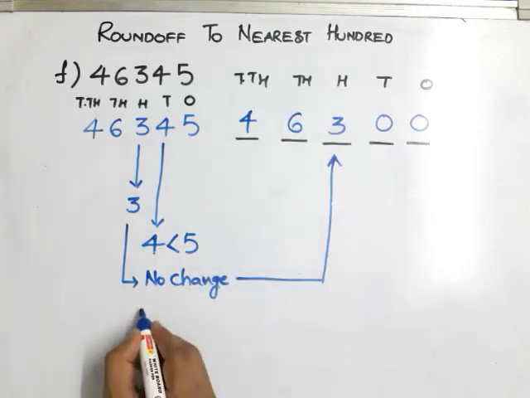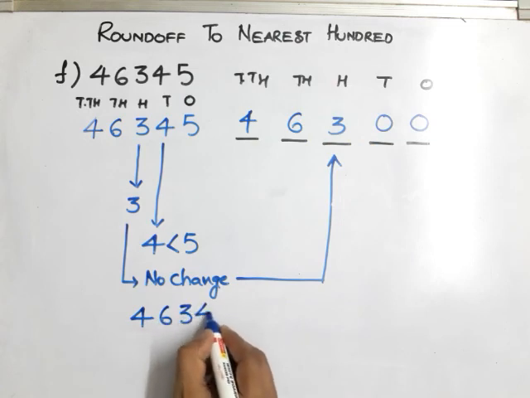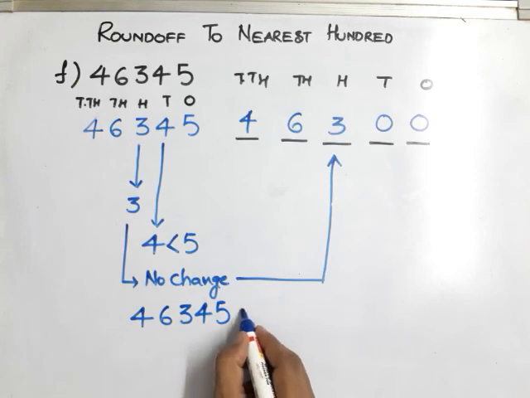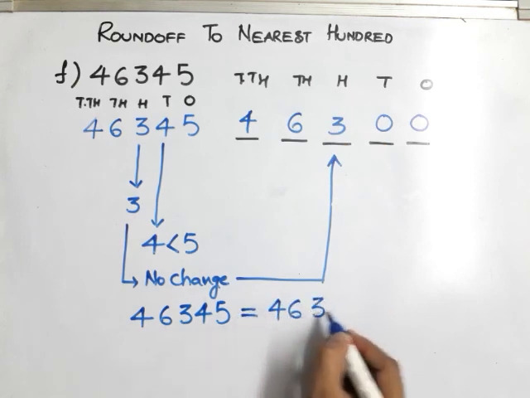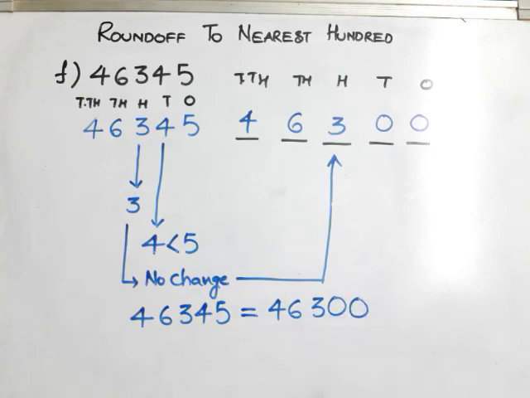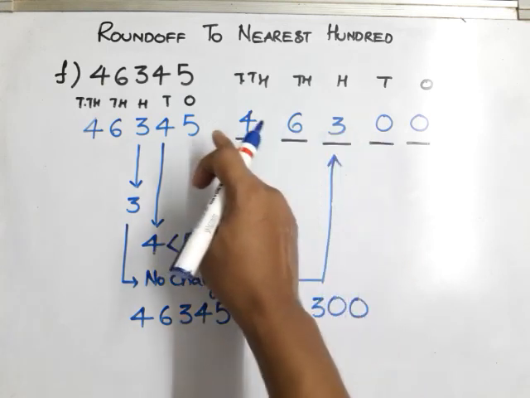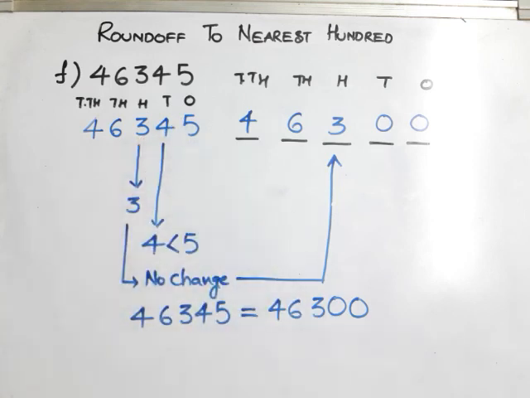Hence, the number 46,345, when we round it off to nearest 100, will be equal to 46,300. Hope you are clear. We always look at the digit in tens place to decide the round off value of hundreds place. Now shall we move to the next problem? Yes.